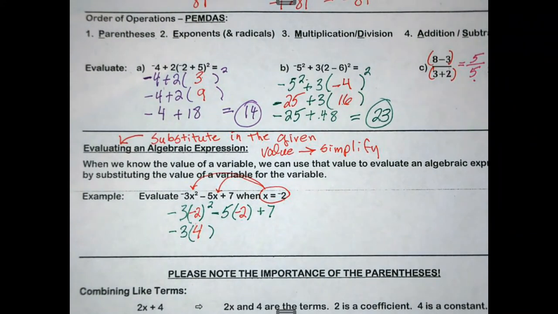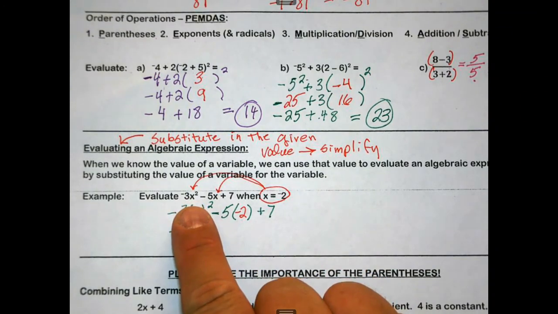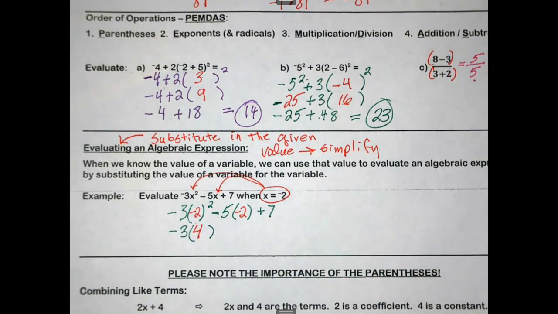The little exponent 2 should be a positive 2. I think that's the copy machine that screwed that up.